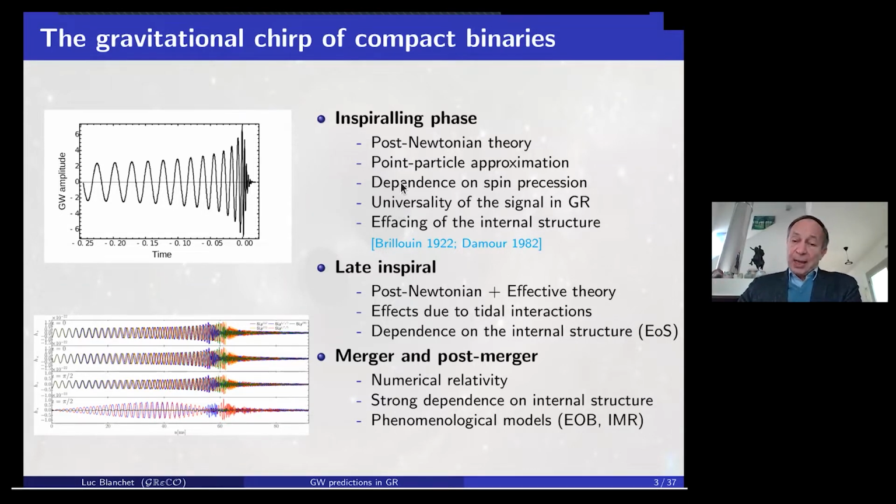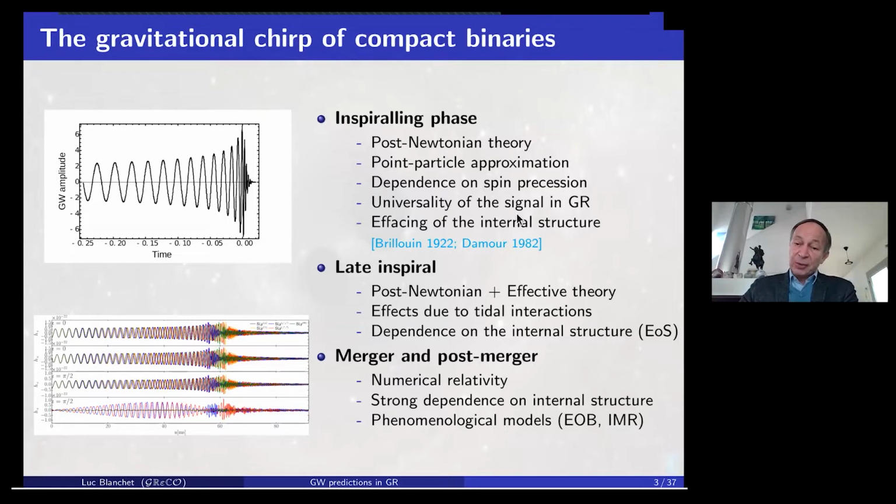Associated with the post-Newtonian approximation, you have to use point particles described by delta functions, because all the internal structure of the compact objects is actually negligible in these phases. Therefore, in GR, the signal is universal. That's the same signal for black holes or for neutron star binaries or for more exotic, possibly compact objects.